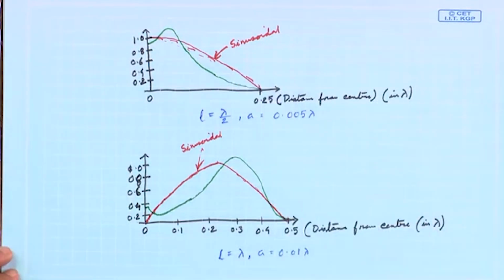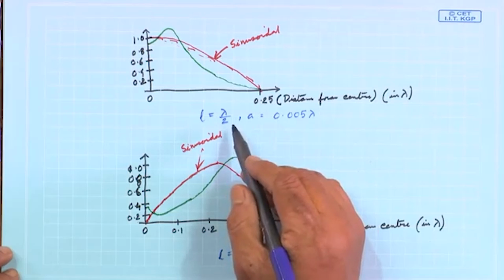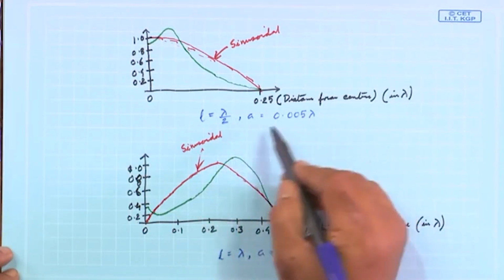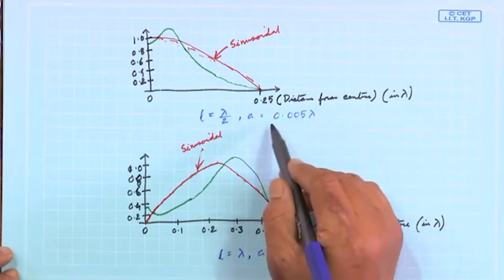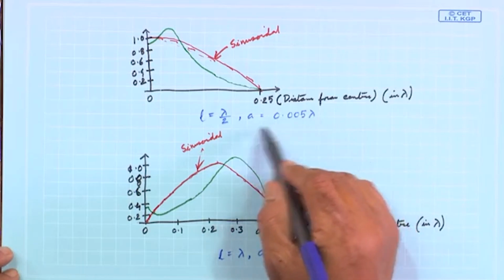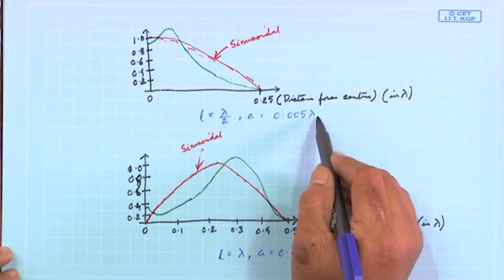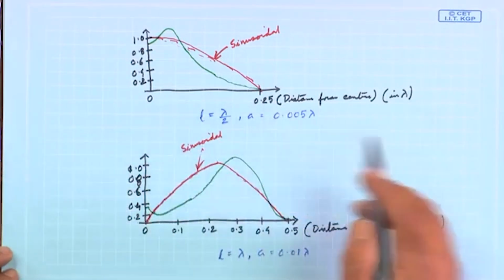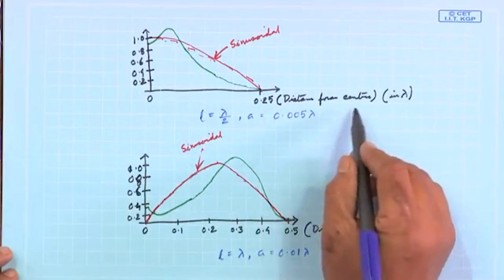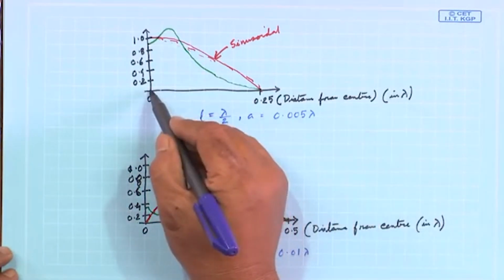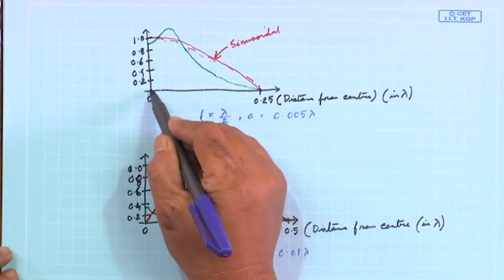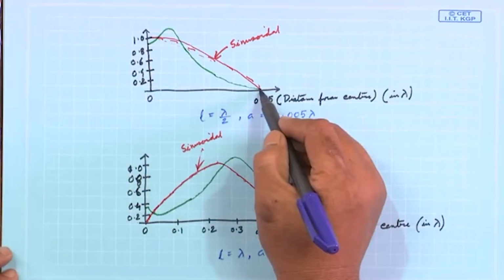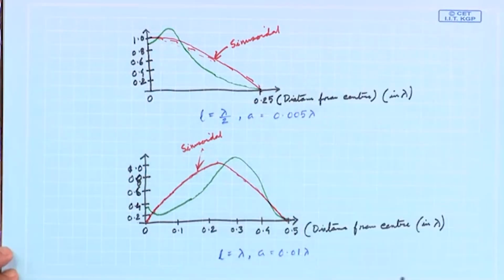Look at the top graph, it is for a lambda by 2 dipole. It is a thin dipole because the dipole's radius is quite small in terms of lambda. On the x axis is plotted the distance from the center, so this is the central point and this is the top point, and the current distribution is symmetric in both the poles.